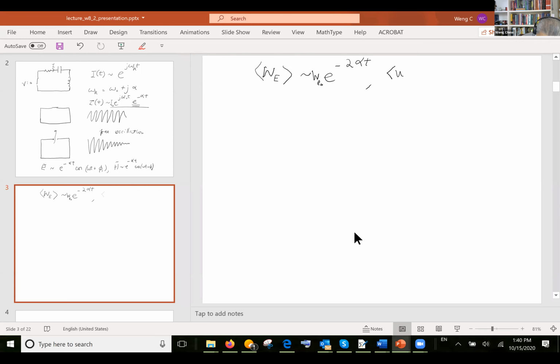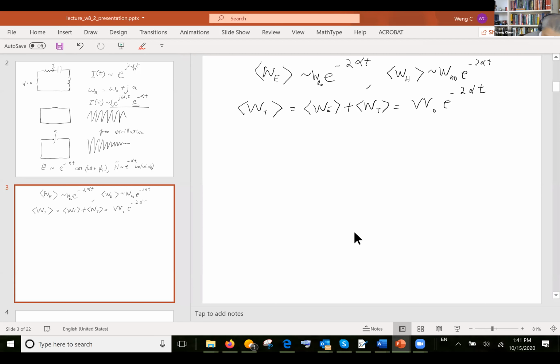And then the average stored energy in the magnetic field would be W H naught e to the minus 2 alpha t, which means that the total energy in the cavity would be W E plus W H, and this is going to be a constant times e to the minus 2 alpha t. It's going to be a decaying signal.